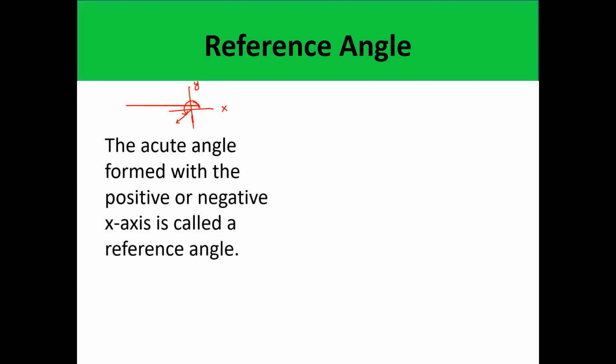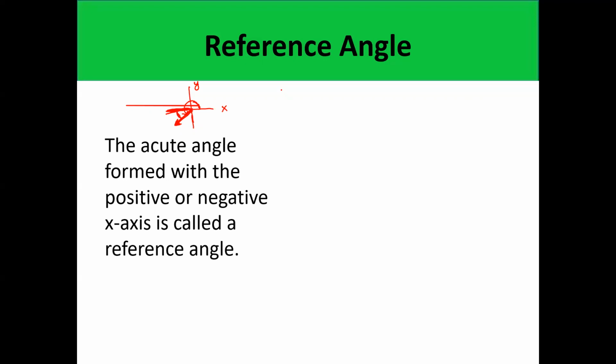This angle here is in the third quadrant. The terminal side of this angle occurs in this ray, and the angle formed between this terminal side and the x-axis would be the reference angle.